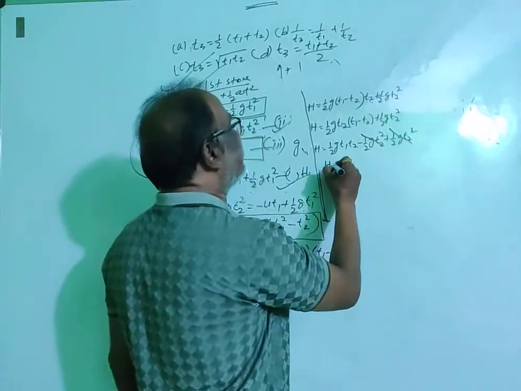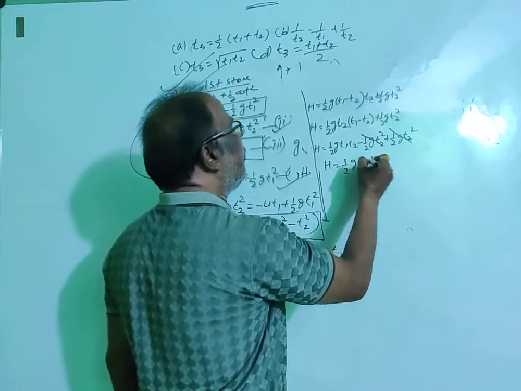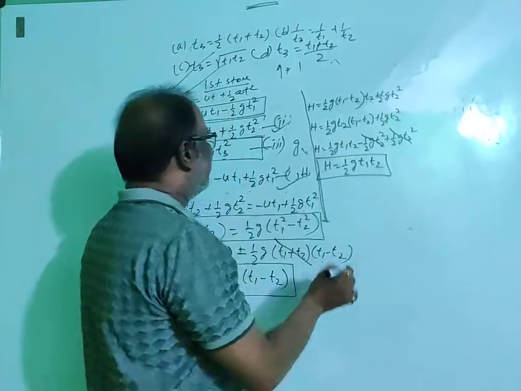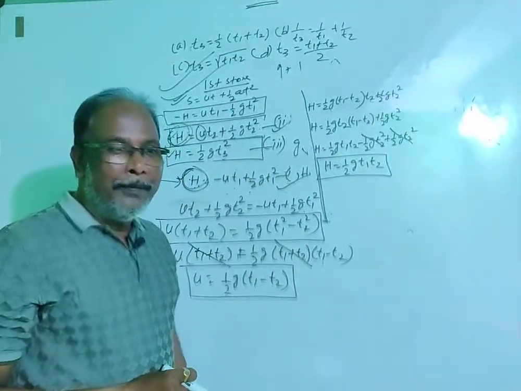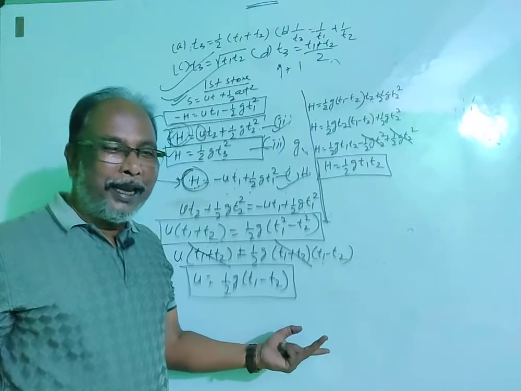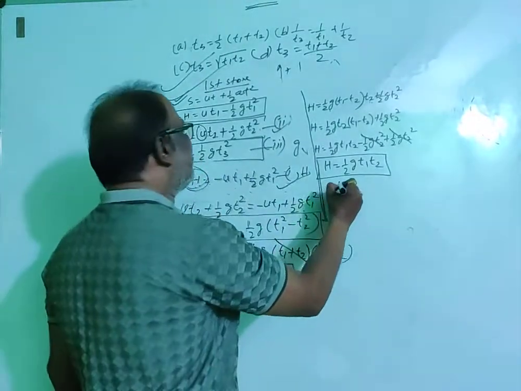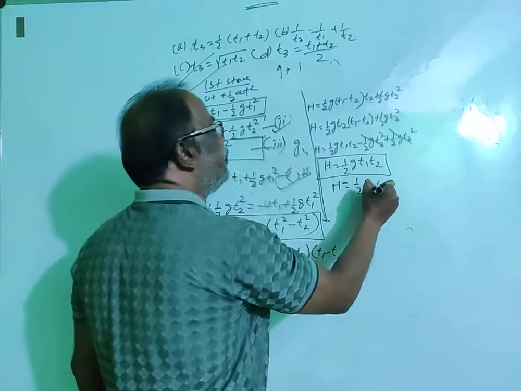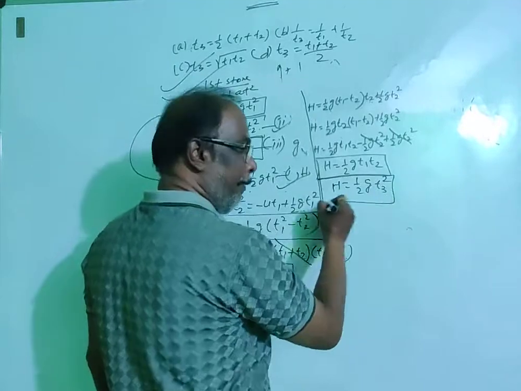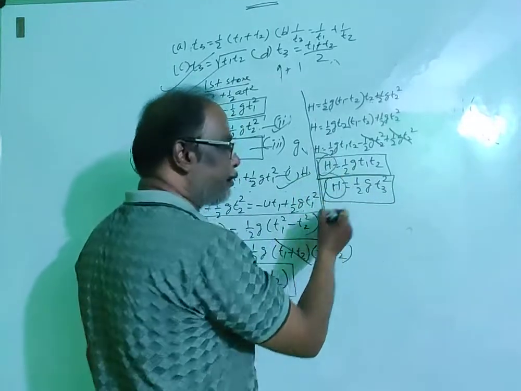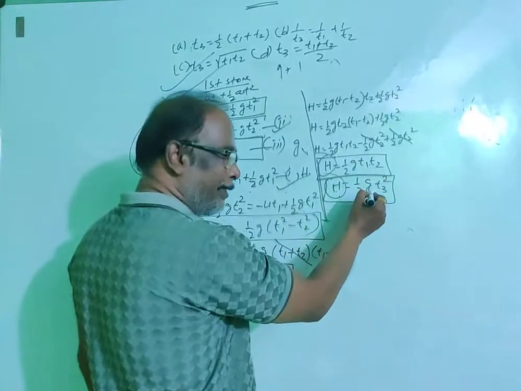So h is equal to half g t1 t2. See, the question is simpler now. We have not used equation 3 till now. From equation 3, h is equal to half g t3 square. This is h, this is h. This and this are the same. Now equate the right side.